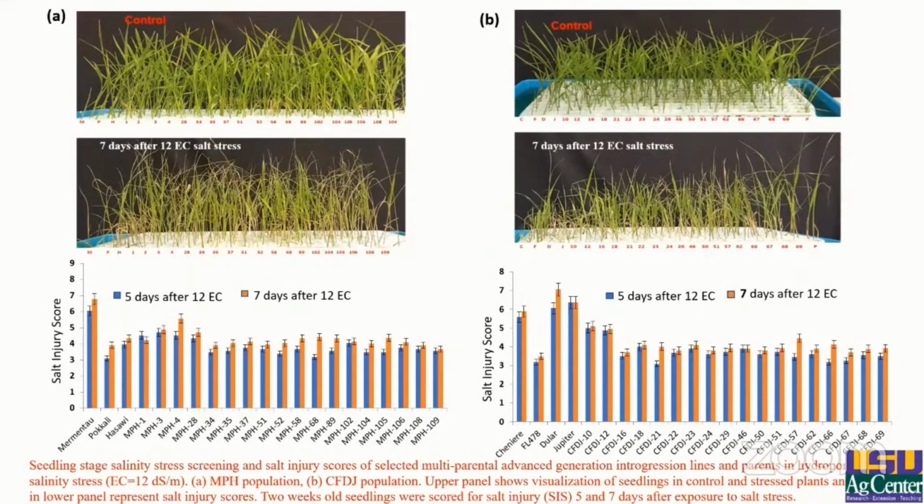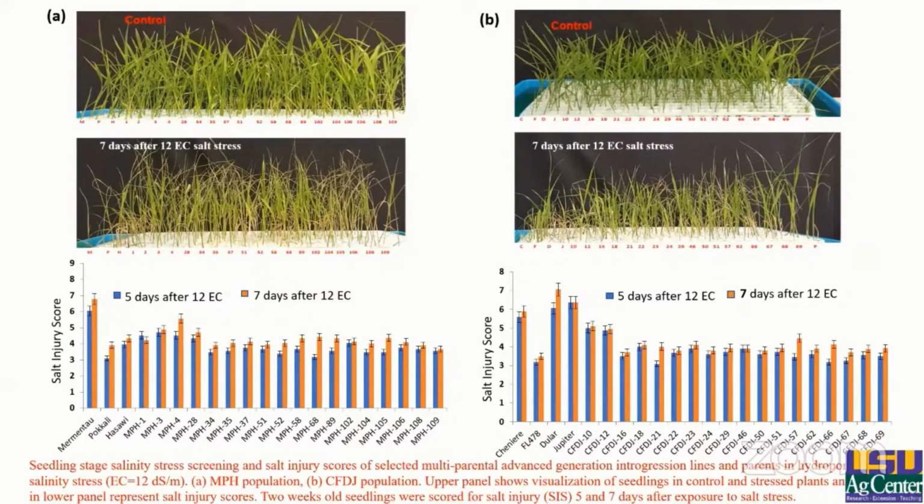Here you can see easily the response of the lines, the recurrent parents and the donor parents. We can see clearly in both populations the selected introgression lines, the ILs, the salt injury score is almost equal to the donors Pokkali and Hasawi in the MPS population.